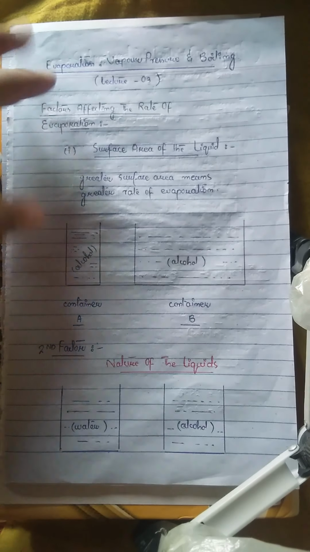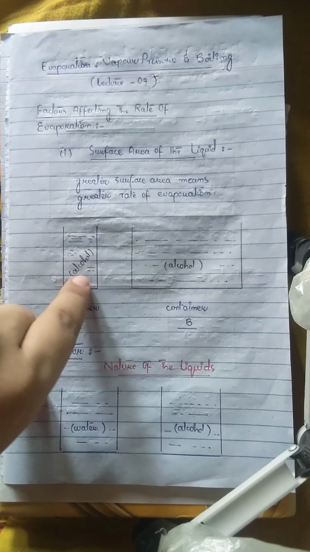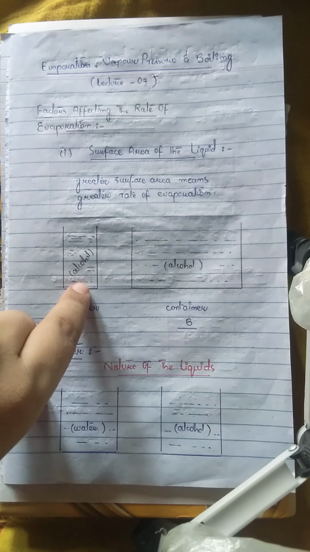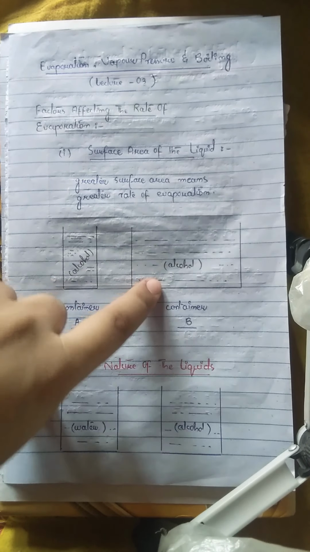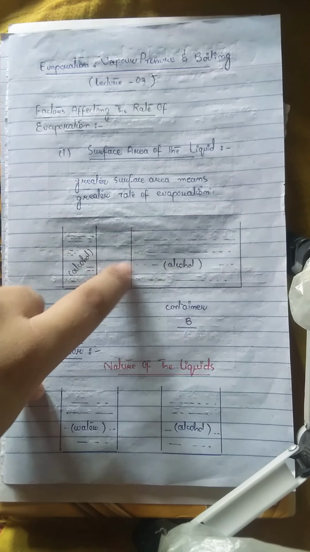First of all, we have the surface area of the liquid. The surface area is a factor which can affect the speed of evaporation. For example, in this figure, you can see two containers, container A and container B. Both containers contain alcohol. The liquid placed in the two containers is the same, but the only thing which is different is the surface area of the alcohol.